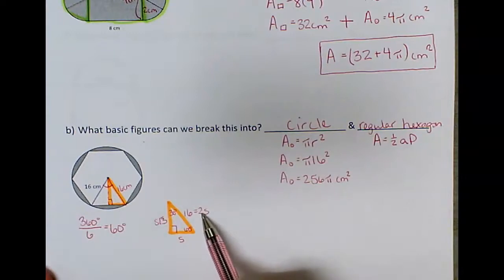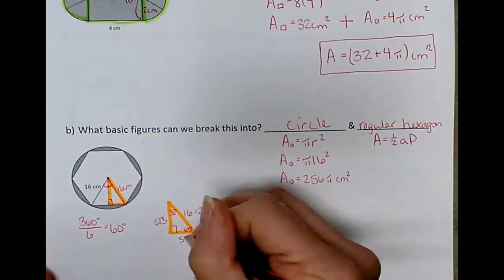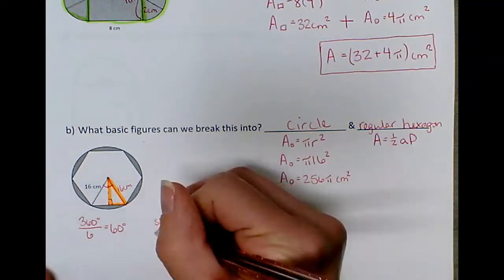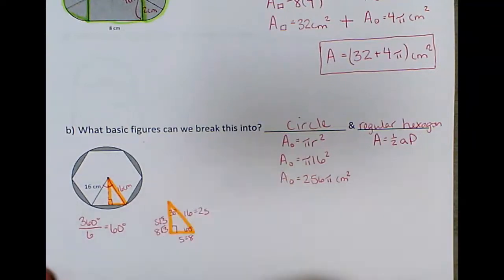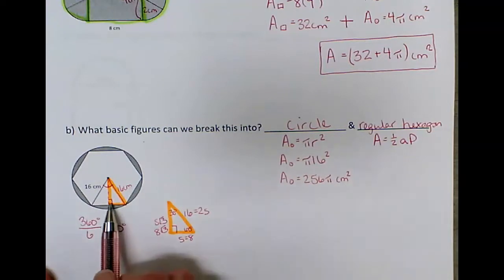If 16 equals 2s, then s is 8. So here is 8. My apothem is 8 square roots of 3. And if this piece right here is 8, then this whole side right here would be 16.